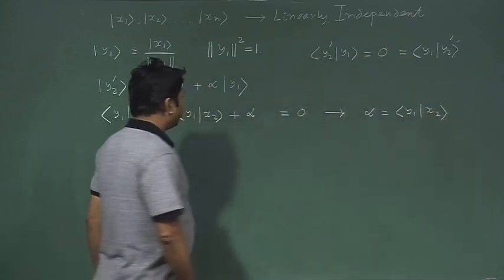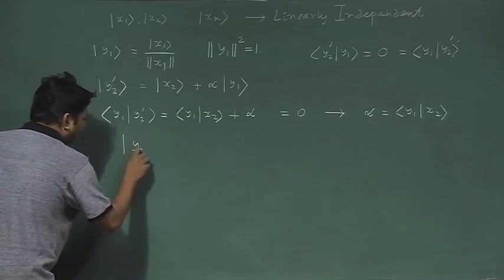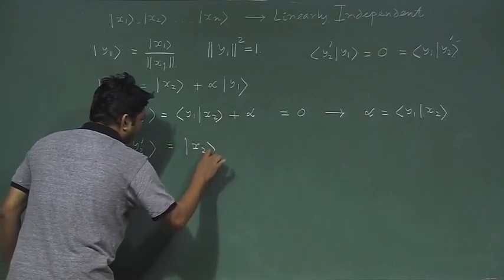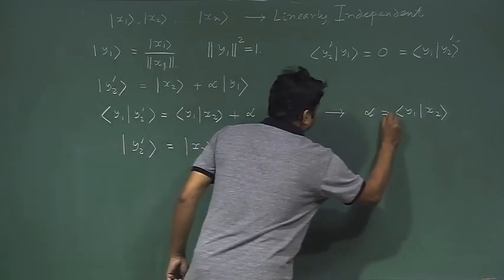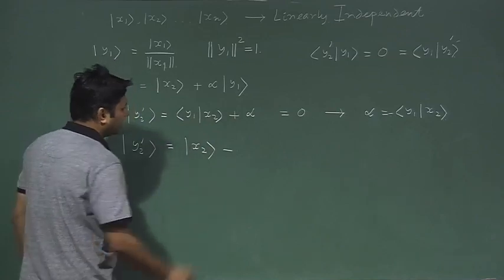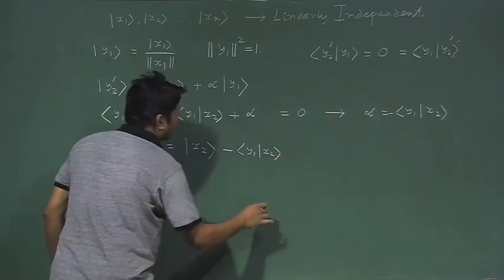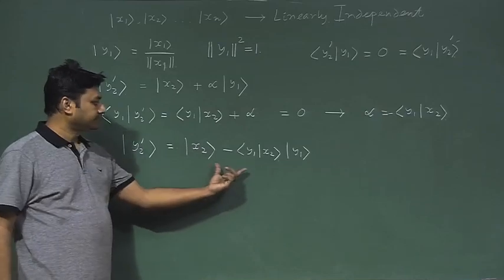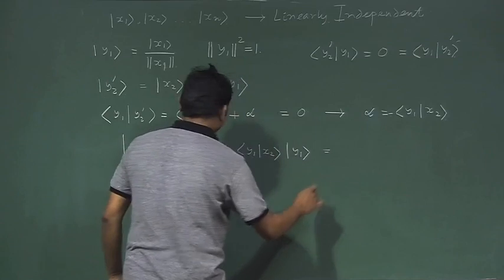So what will be my final vector? My y2 prime vector is nothing but x2 minus the value of alpha that is there. There will be a minus sign here, because alpha plus this is equal to 0. Now this expression I write in a slightly different way.